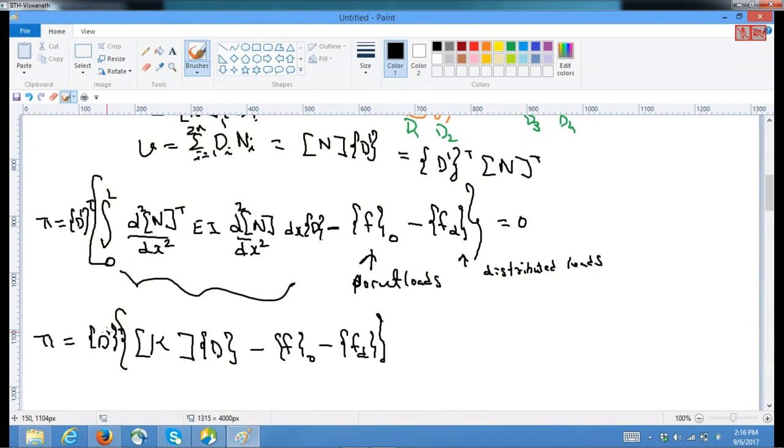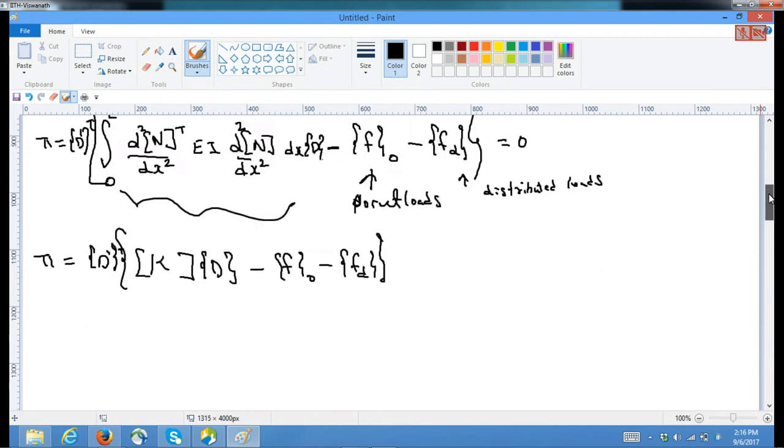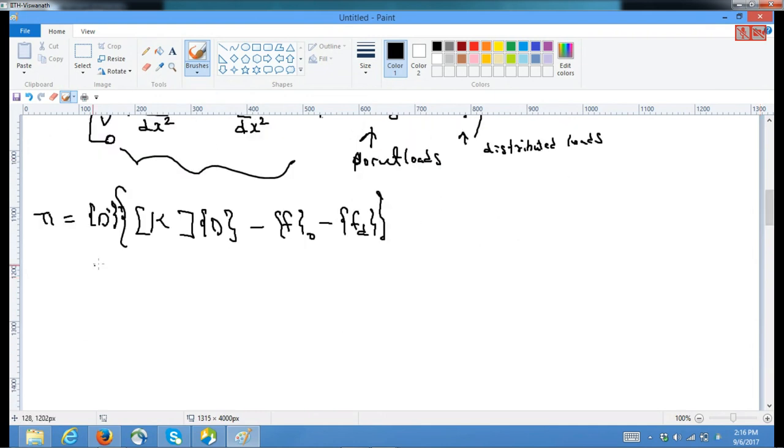And we are looking for a choice of d dash where this potential takes the minimum value so that we can achieve the equilibrium condition. So what we did was d pi by d d dash equals 0.